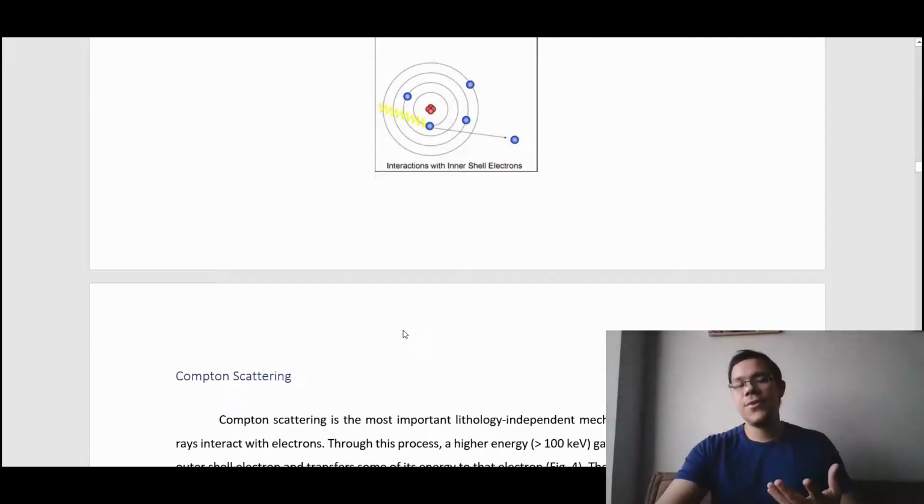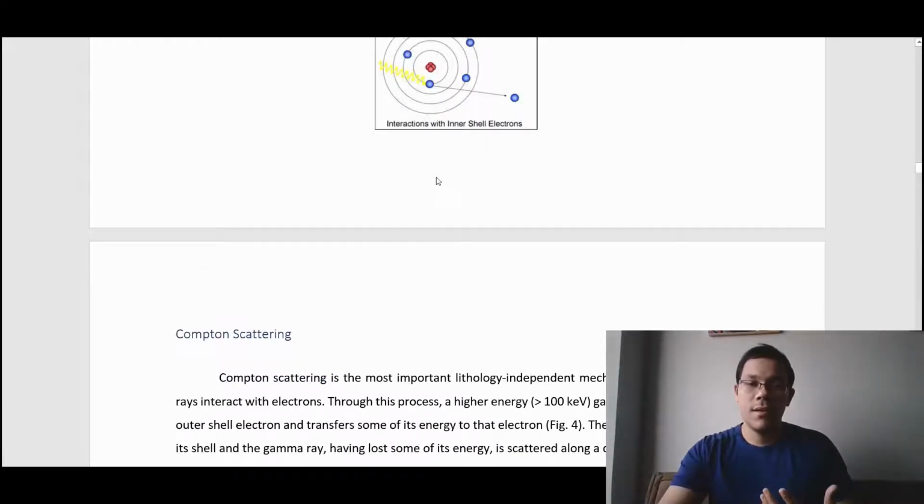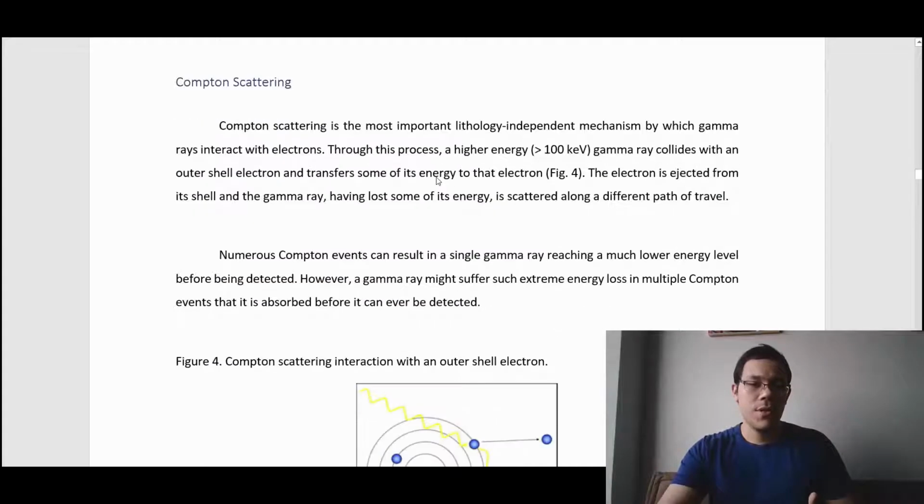In the first scenario, on scattering, those gamma rays will help us to determine the bulk density for our porosity estimates. On the second type of interaction, those related to absorption, those gamma rays will help us to determine the type of lithology. It will give us a value, a photoelectric value, that is an indication of lithology.